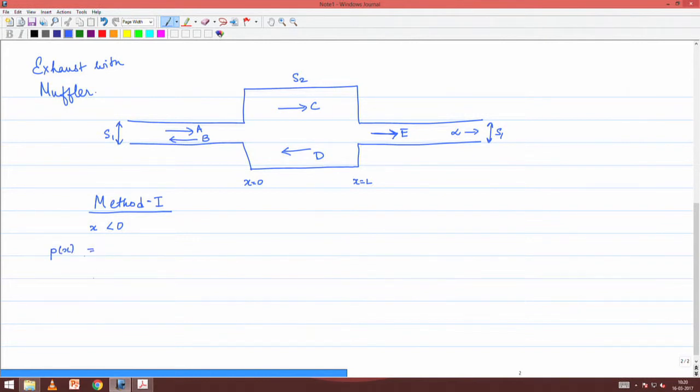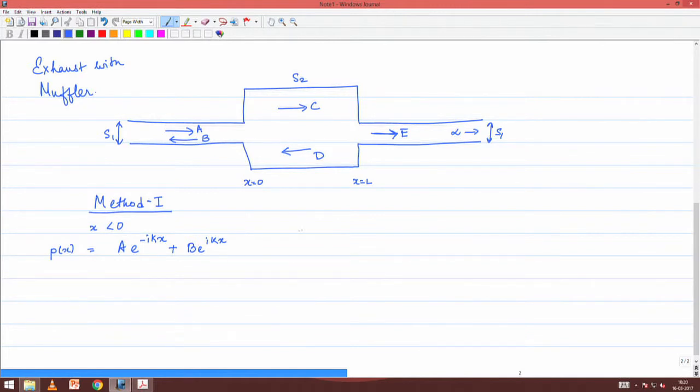With this as the problem, in the region x less than 0, we know that the pressure wave will be given as A e to the power minus i k x plus B e to the power plus i k x, because in this region we have marked that there are two travelling waves A and B. So, the total pressure has got to be the superposition of these two.